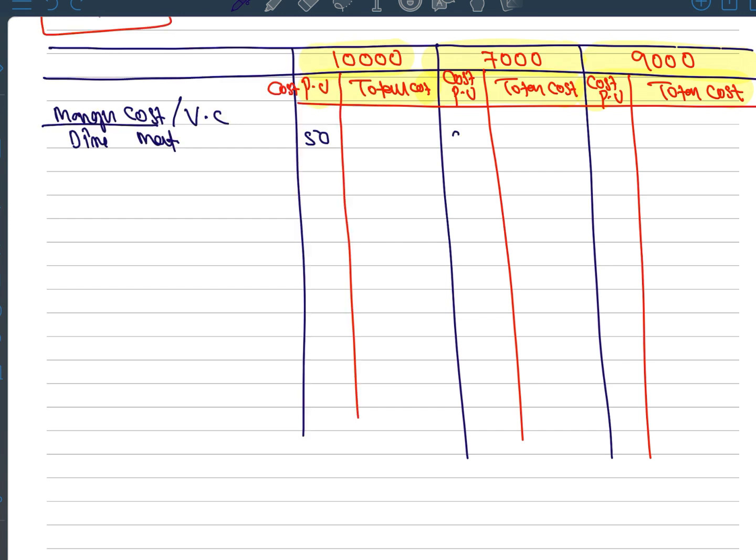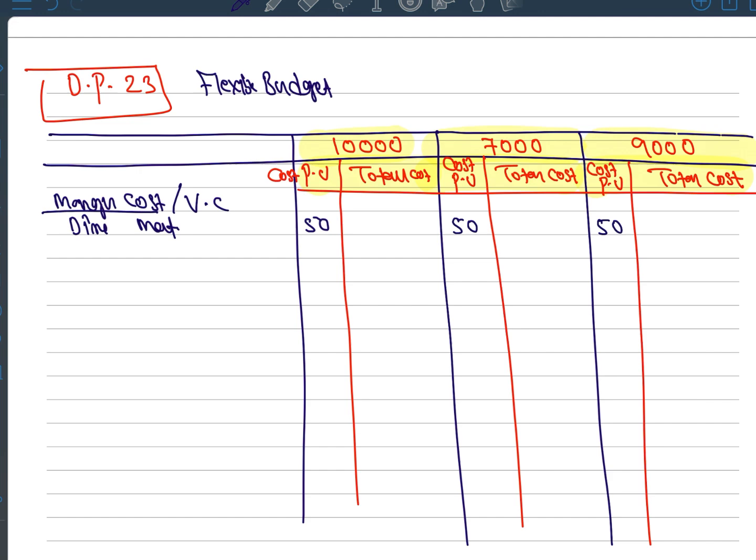So here 50, here also 50. Okay, so how will we get the total cost? Total cost is equal to units into cost per unit.